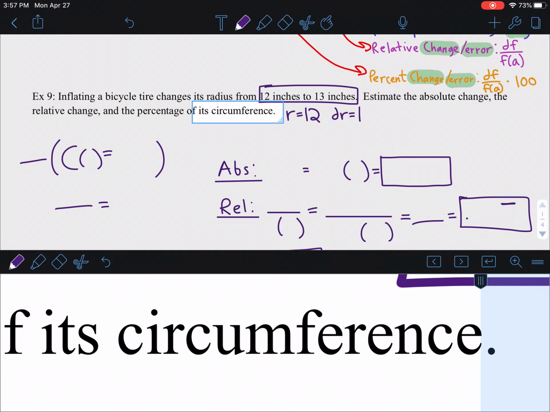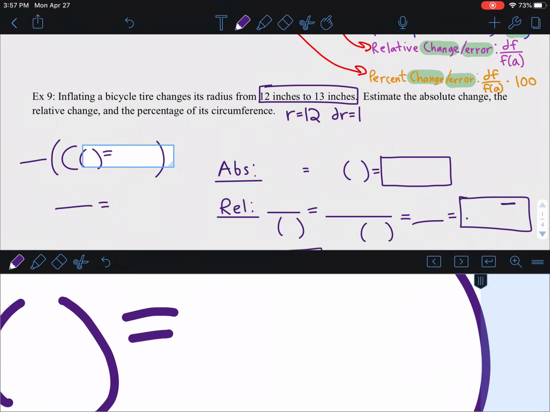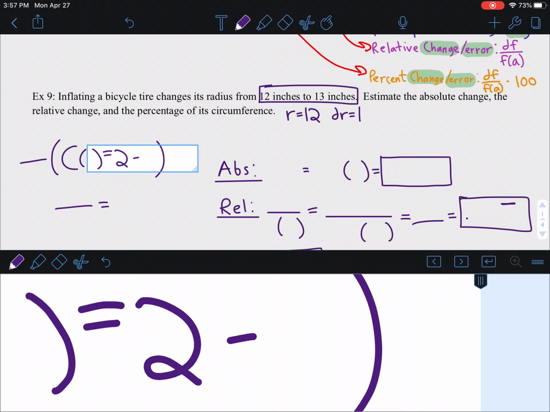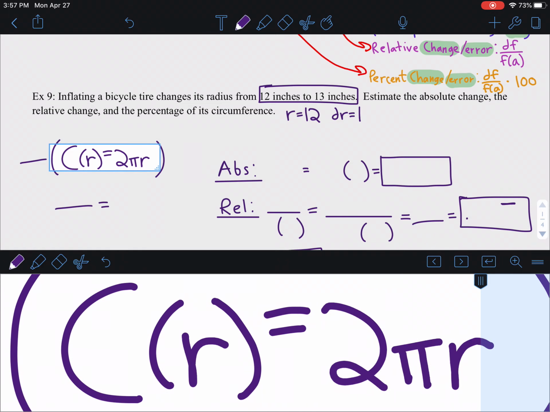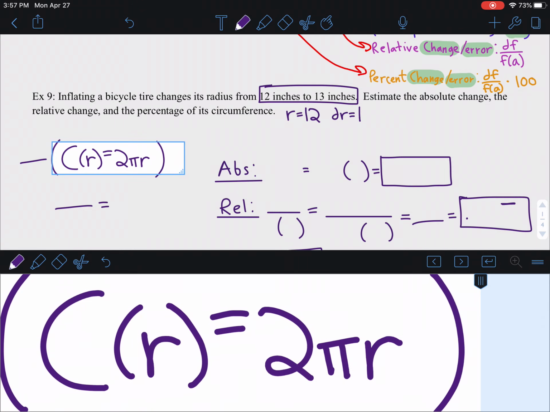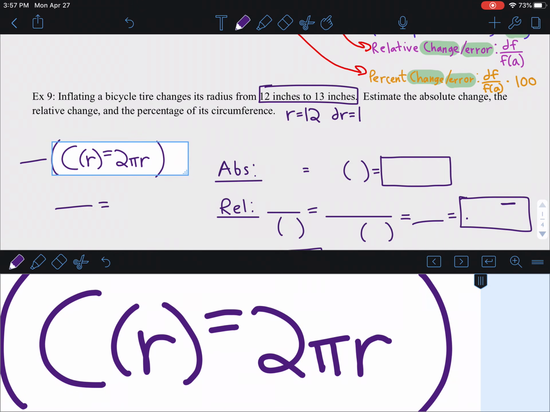Circumference formula for a circle, we just talked about it up above, right? It is 2 pi r. But this is the circumference specifically as a function of the radius of the circle. As you may recall from geometry, you have a circumference formula in terms of the diameter of the circle, right?